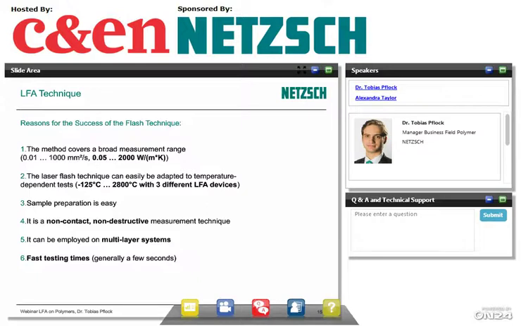Generally, for the light to travel through, even for low conductive polymers, that generally just takes a few seconds. If I compare that to all the techniques that I know that are around, which use steady state methods, there are very good reasons sometimes, of course, to use steady state methods, but the LFA is just quicker.